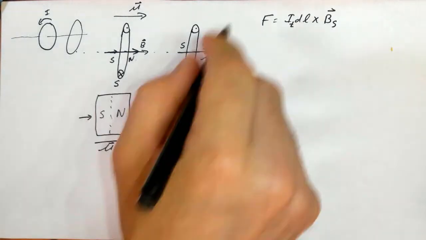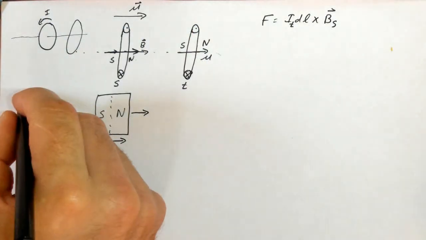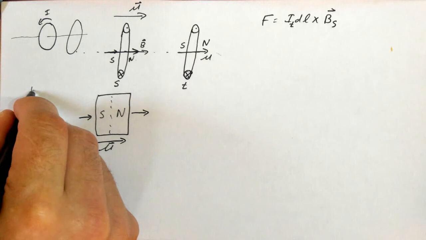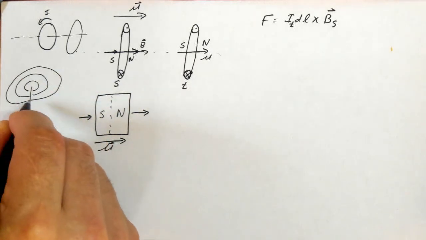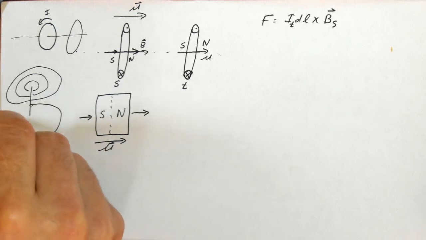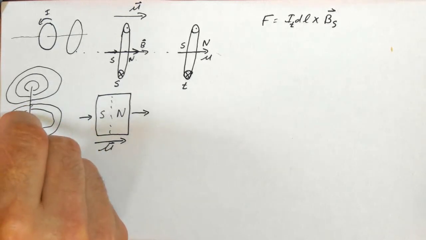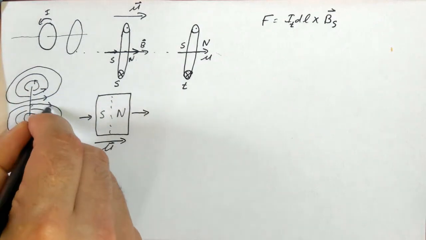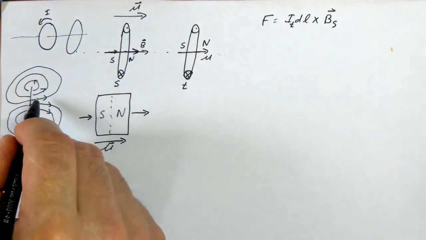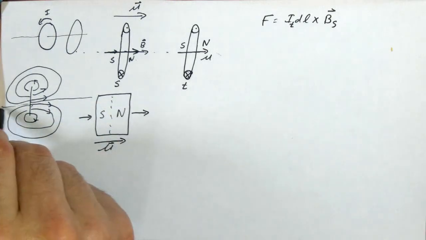All right, so if I think about the magnetic fields of a current loop, if I were to draw one here, they kind of look like that. Okay, and right down the center, they're straight out and straight in.